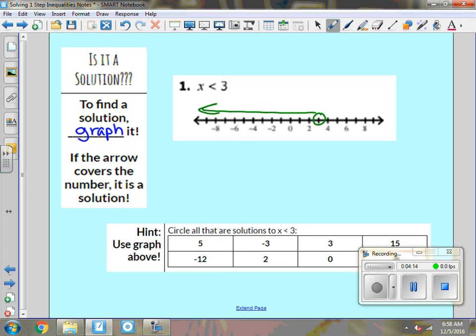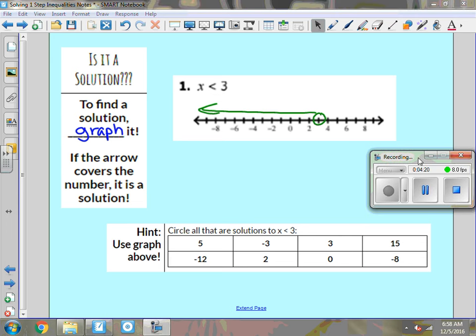So now when it says to circle all that are solutions to x is less than 3, I'm going to go through and figure out if my arrow covers it or not. Well, 5 would be right here. My arrow does not cover it, so that is not a solution. Negative 3, however, is over here. My arrow goes over that number, so negative 3 is a solution.